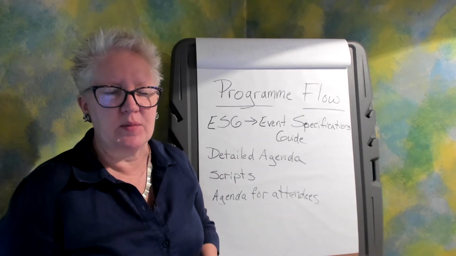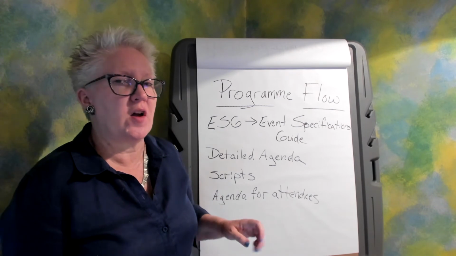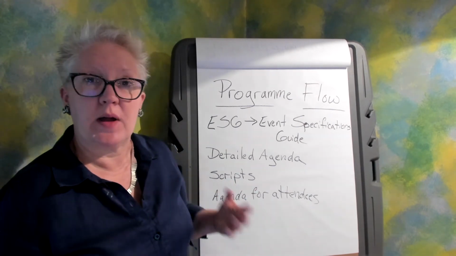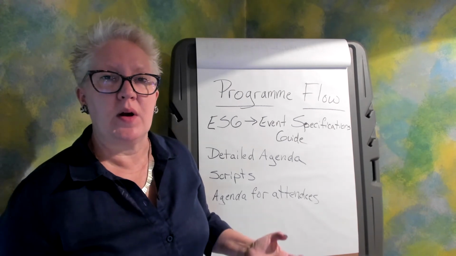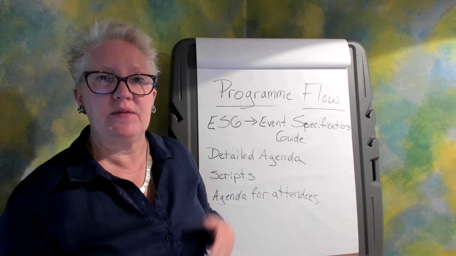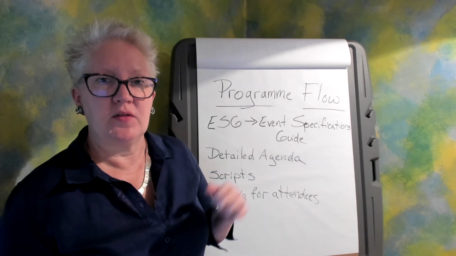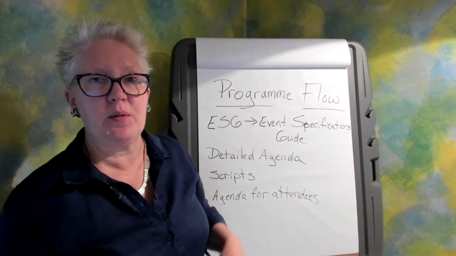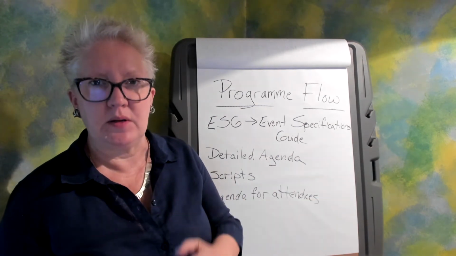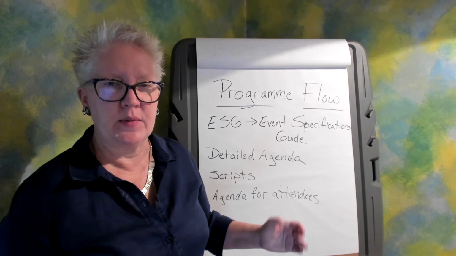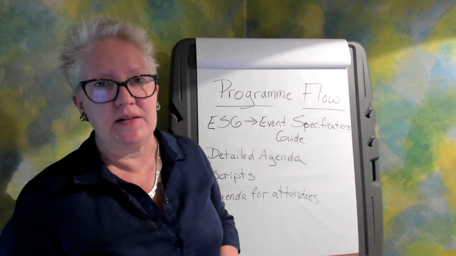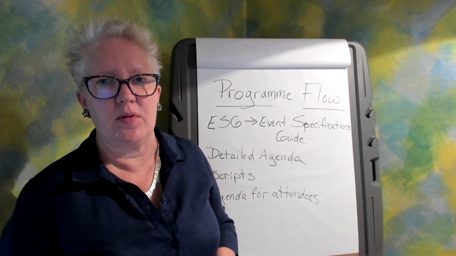It's all that information. From there, it goes on and talks about scripts. Scripts are primarily for people like your MCs or anyone else who is on the main stage or in front of everyone giving information. So those scripts would have information pulled from the event specification guide again about when things are happening, where they're happening, etc. And the last one that they talk about is the agenda for attendees, or some may call it their program for their attendees.